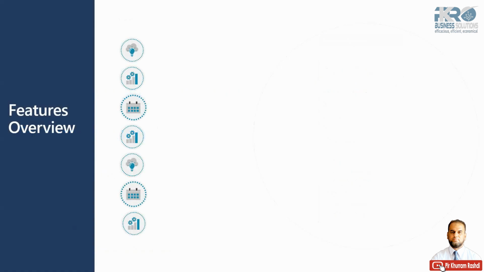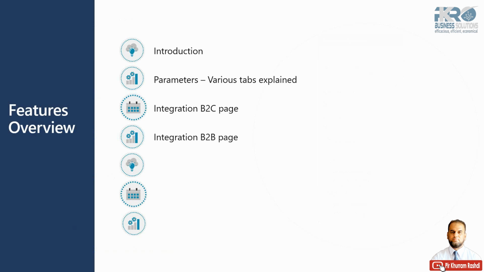To start with, we will briefly introduce what the solution is, and then we will jump into the parameters form, which provides the basic settings. There are various tabs available in the parameter page, and then we have the integration B2C page, which will summarize all the retail invoices or simplified invoices.